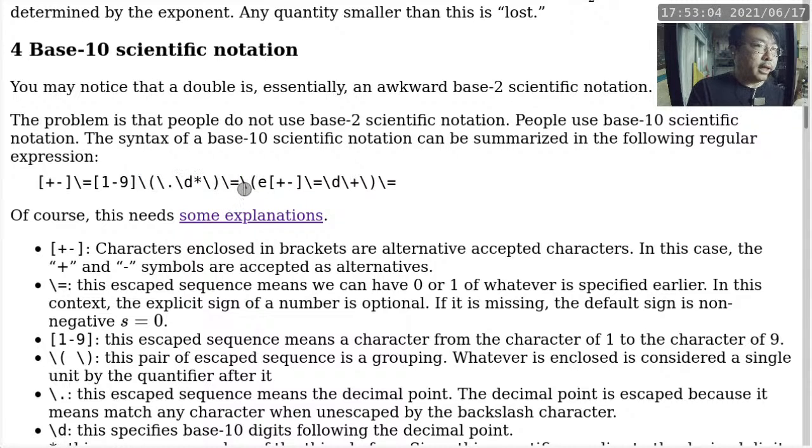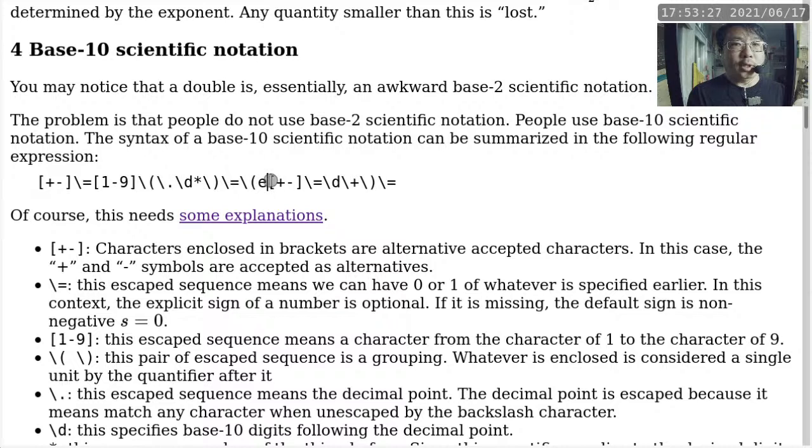And after that, we also get another group, starting with the backslash open paren and closing with backslash close paren. So now we want to see what is inside this particular group. The first one is E, and that literally just means E in lowercase as a single character.